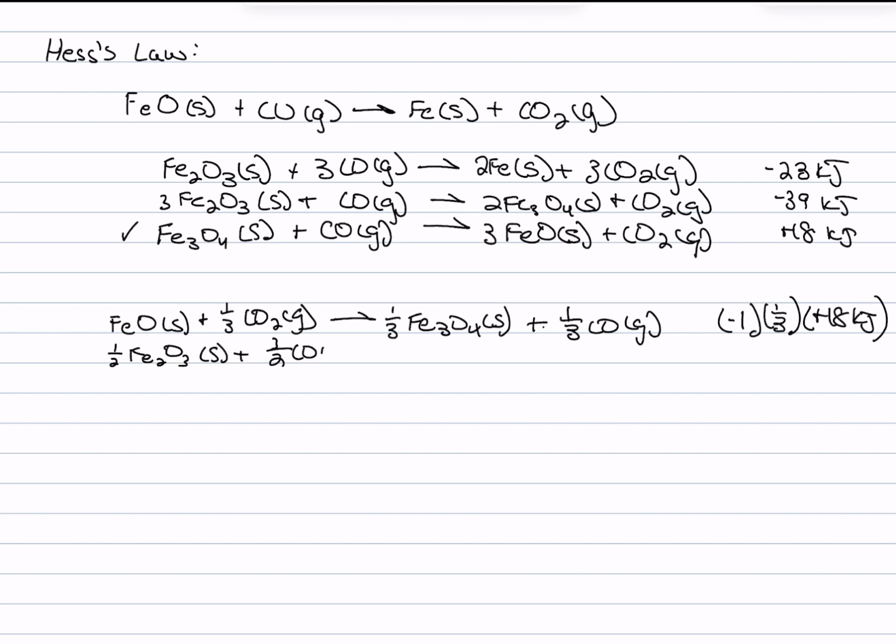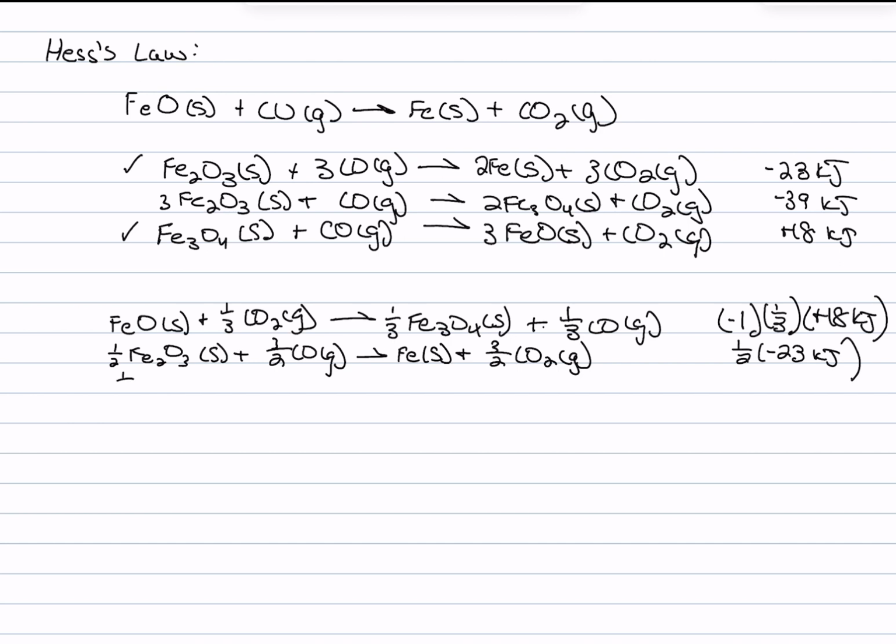So we have 1/2 Fe2O3 solid plus 3/2 CO gaseous goes to FeS plus 3/2 CO2 gaseous, and 1/2 times negative 23 kilojoules. Then for the third one, we just take what's left over and use it to make sure that all the extra parts that we have in the sum of our other 2 reactions end up canceling out.